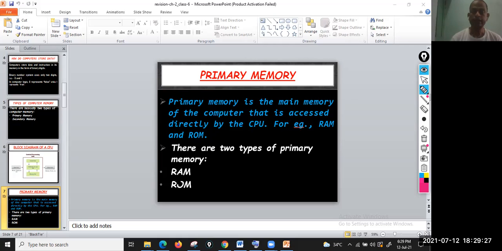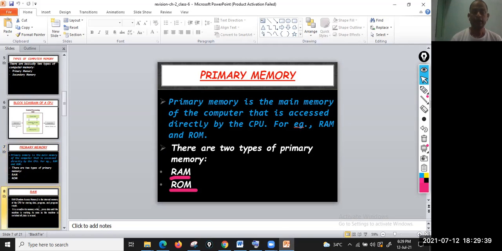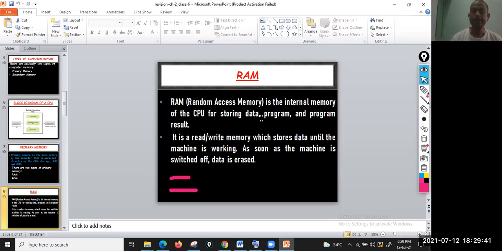Two types of memory, that is the RAM and ROM, random access memory and read-only memory. Random access memory, RAM, is volatile. It is the internal memory of the CPU for storing data, programs and program results.